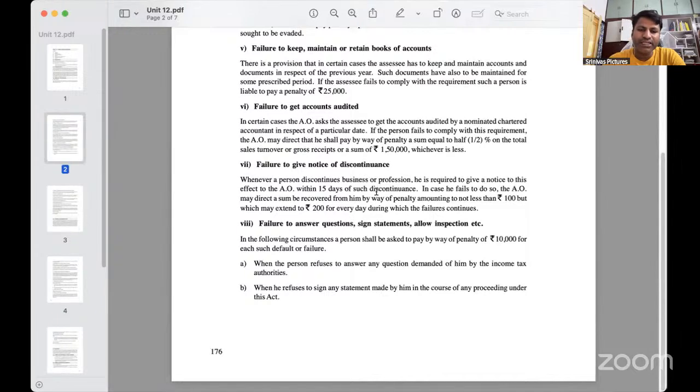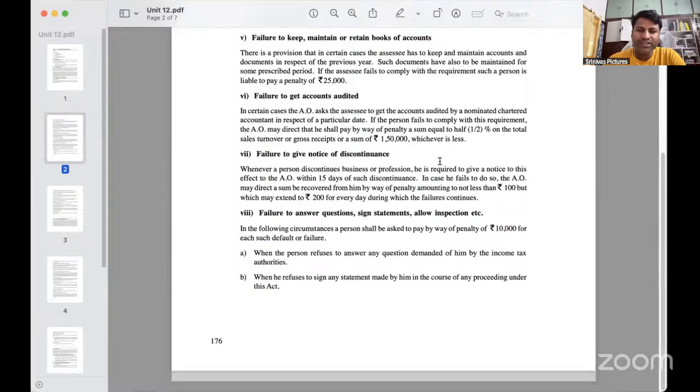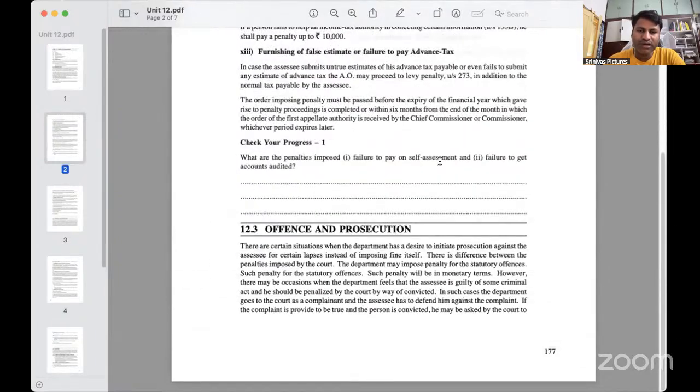For example, you are running a business and you stop between the previous year and assessment year; you have to give that information to the assessing officer. If you are not able to give it, you have to pay half a percent of the total sales or 1,50,000 as penalty, whichever is less. Failure to give notice of discontinued business was already discussed.